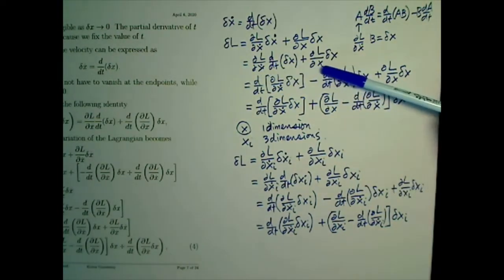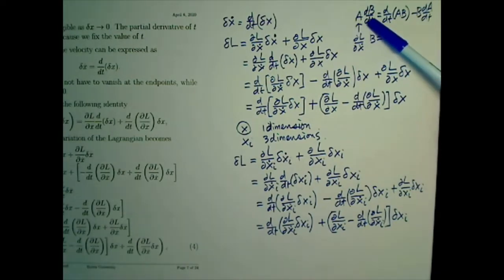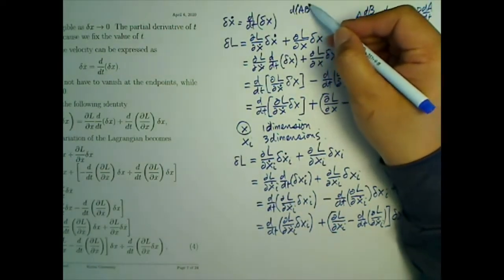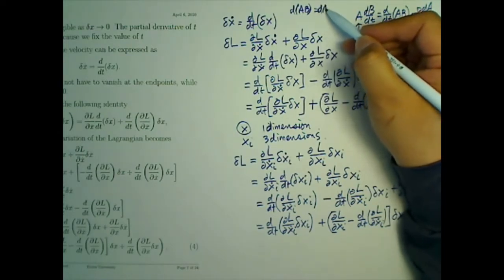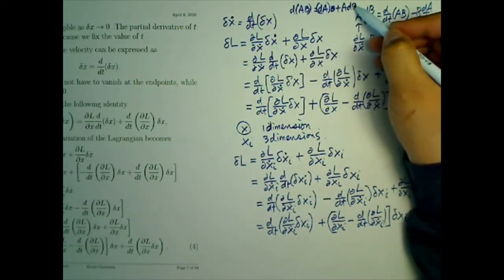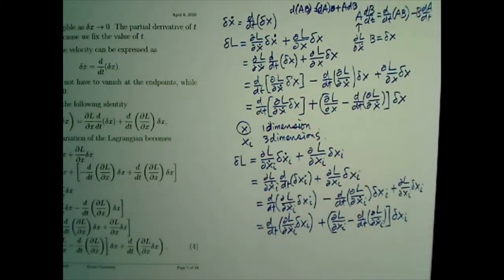But we remember the product rule: this comes from d(AB) equals dA B plus A dB, right? So A dB dot equals (AB) dot subtracted by B A dot.